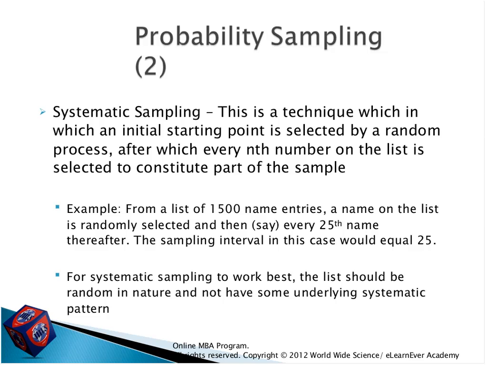For example, we randomly select the name in the 13th row of this list. After that, we say, okay, from 13, every 25th name we will put in our sample.